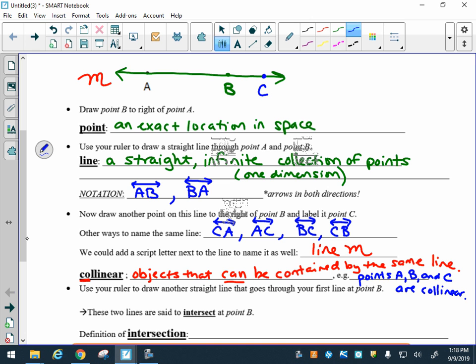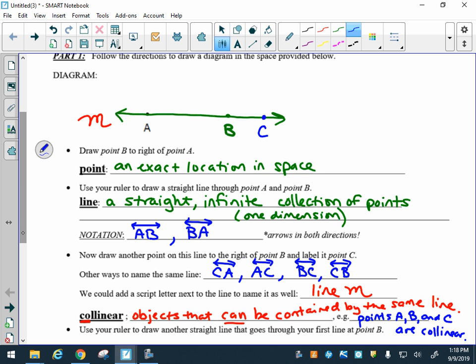Okay, now we're going to use your straight edge again and draw another line that goes through the first line at point B. So it's going to go through point B. You're going to put a D up here and an E down there.